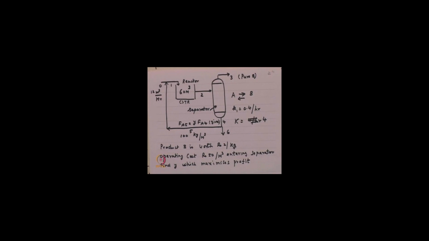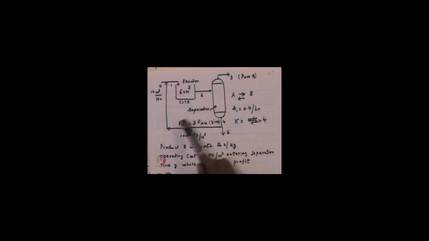Now, the point to be noticed here is that as we try and put the unreacted material back into the process, there is a cost associated with separation, and therefore, there is a cost of separation that goes back into the process. Therefore, you will find in general that the effect of this would be to give you a certain optimum at which you must operate.